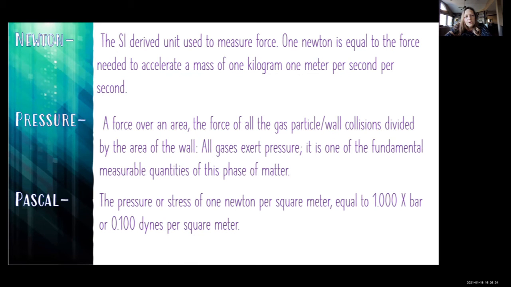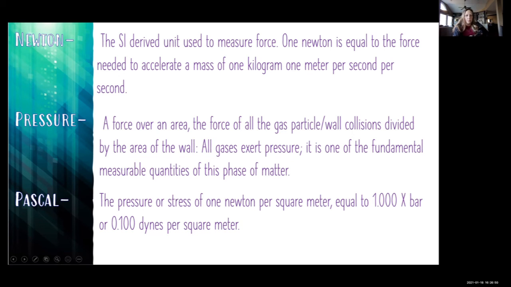So here are some of the definitions from your notes. Yours are probably similar. A Newton is the SI unit derived to measure force. 1 Newton is equal to the force needed to accelerate a mass of 1 kilogram 1 meter per second squared. Pressure is a force over an area, the force of all gas particle wall collisions divided by the area of the wall.